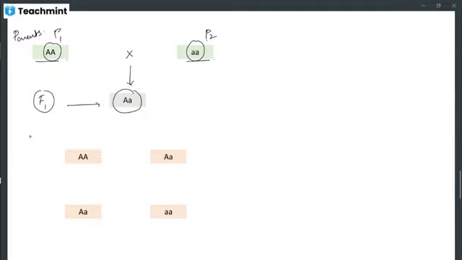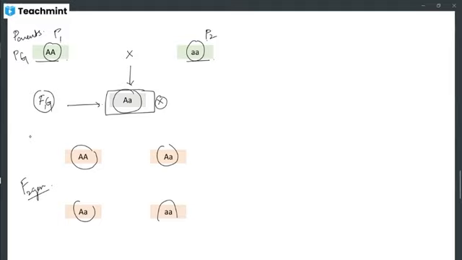When you self this F1 generation, or leave it for random mating, you will end up with four different genotypes in the F2 generation. So this will be your parental generation, F1 generation, and then your F2 generation.